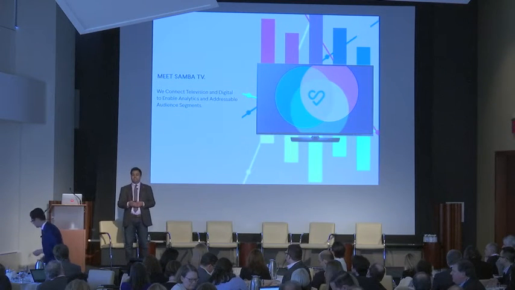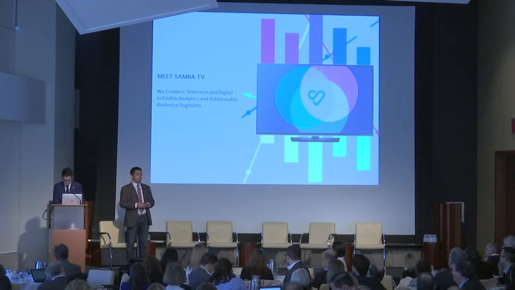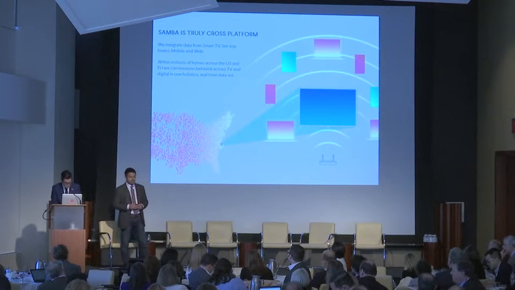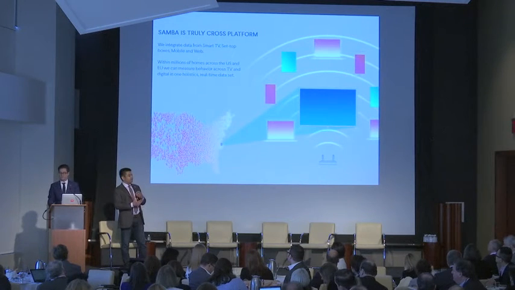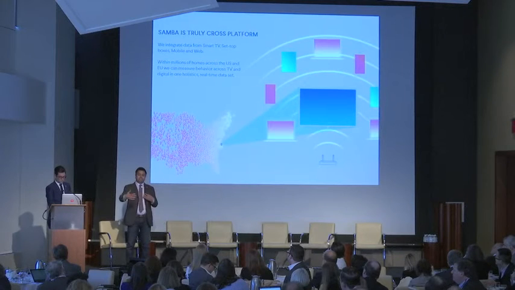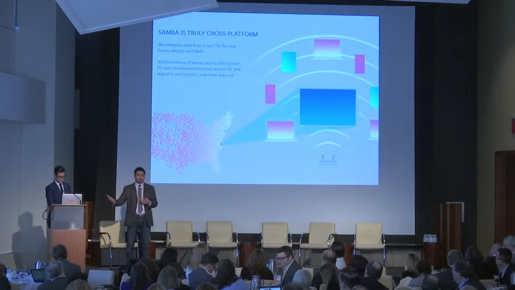The combination is something that we're using to make research products as well as targeting products to make media more addressable within those households. When I say we're truly cross-platform, what I mean is that we've, in our own infrastructure, started to measure very large amounts of TV viewership and connected that viewership to behaviors on digital platforms.